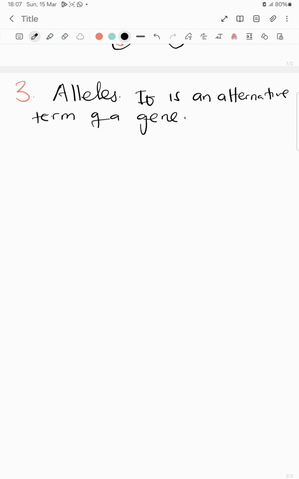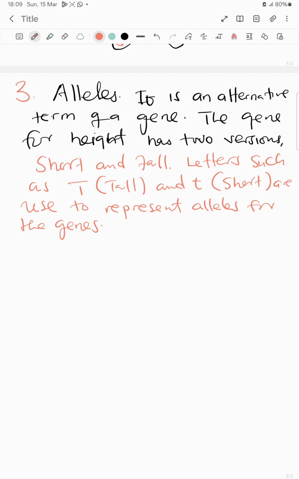Now, let me give you an example here. The gene for height has two versions. So we have short and tall. When we talk about alternative form, it's just the versions.